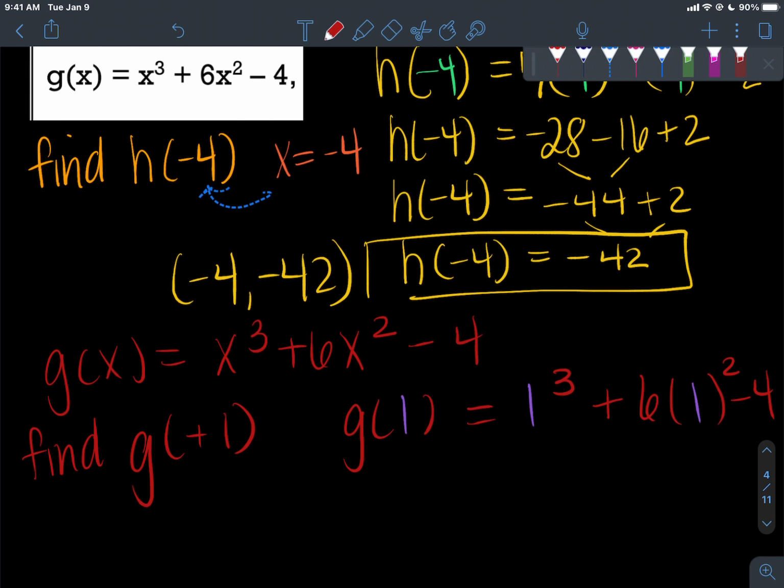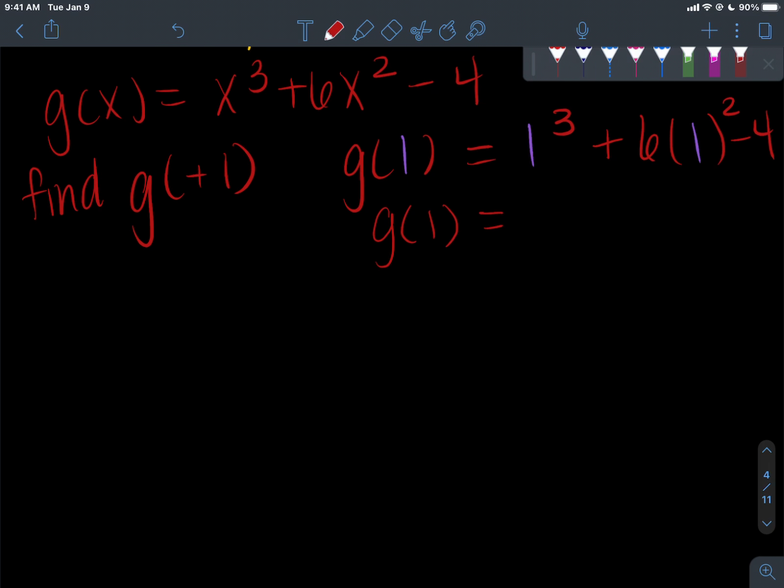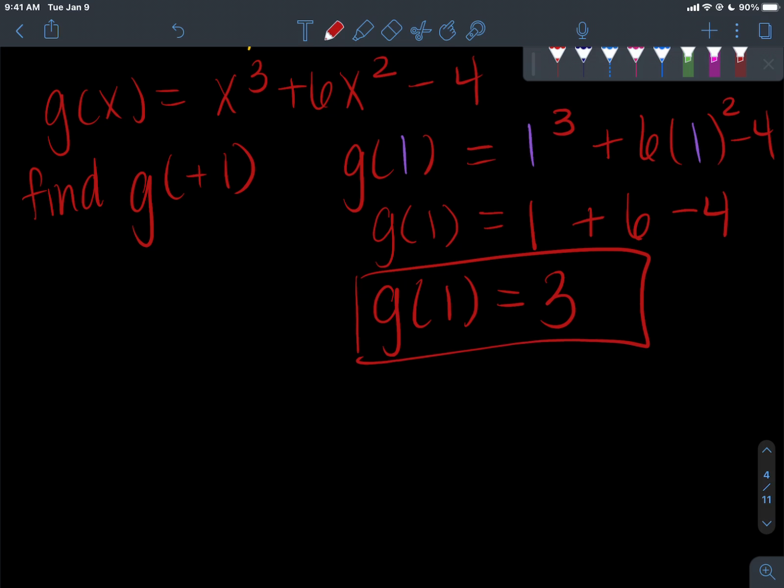All right, so 1 to the power 3, 1 times 1 times 1, that's 1. 1 to the power 2, that's 1 times 6. So I got an answer. The point 1, 3 exists on here.